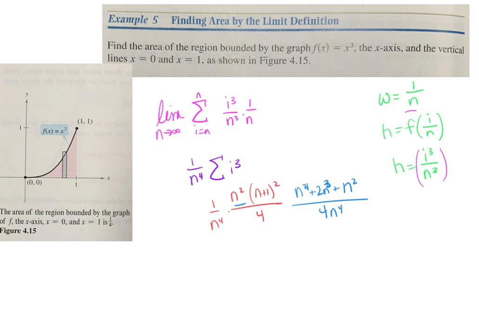I can split them up if I want to. Or I can just use my limit theory right here, can't I? Limit as n approaches infinity of n to the 4th plus 2n cubed plus n squared over 4n to the 4th. What do I know about my degrees? They're the same. I'm going to use my coefficients. My area here is going to be 1/4. That's my answer.